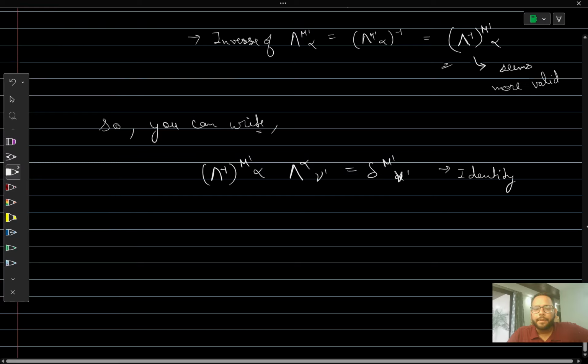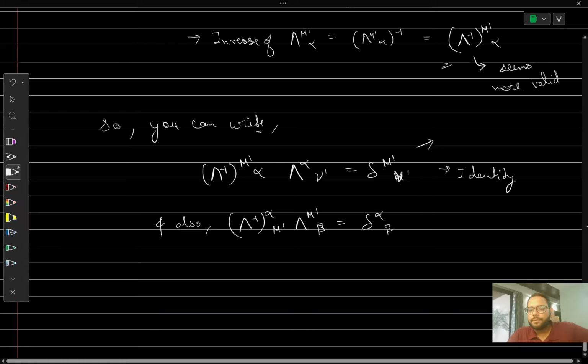Also you can check in the other notation, suppose I have alpha here and nu prime here, then it should be summed over nu prime, and it has beta here, so this will be written as this.